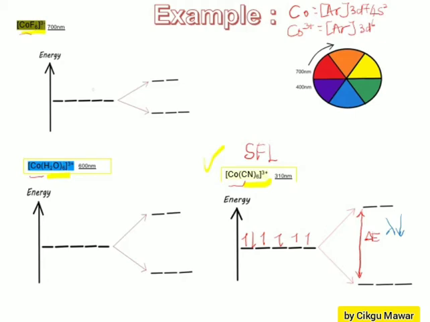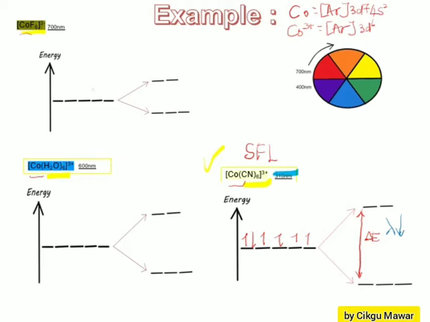From the video we can see that the complex ion will absorb visible light of around 310 nanometers only. Now we go back to our crystal field splitting.